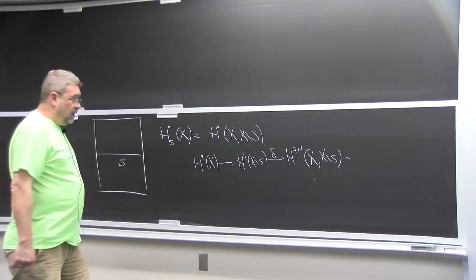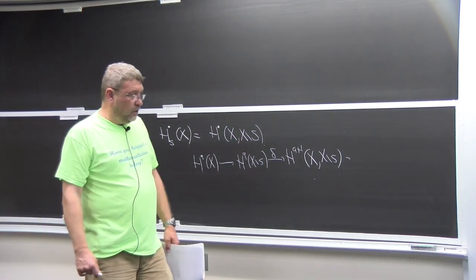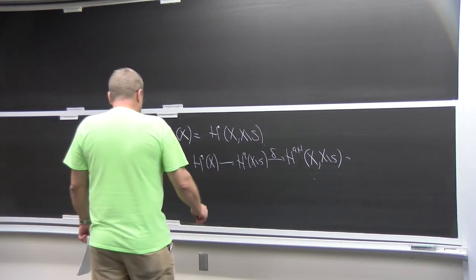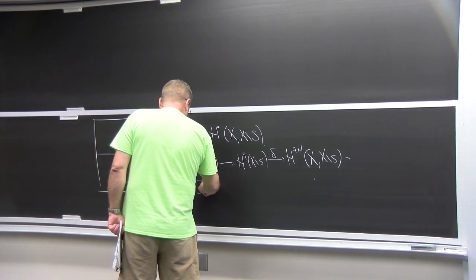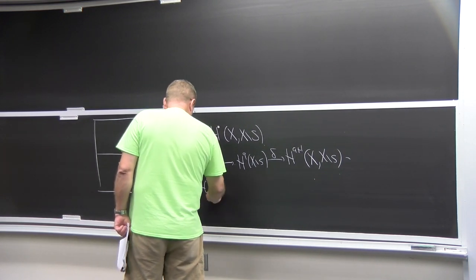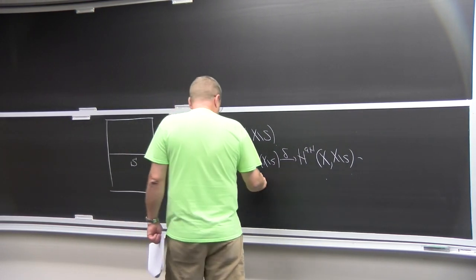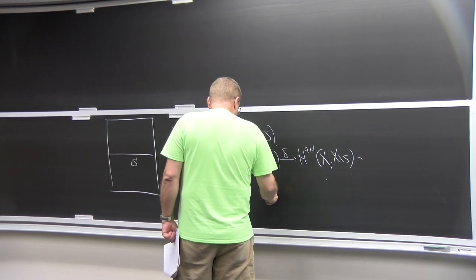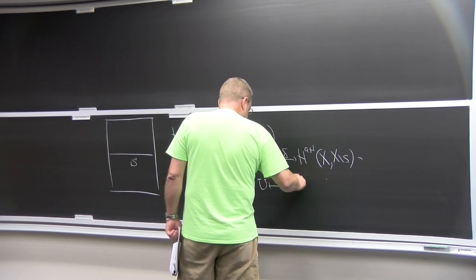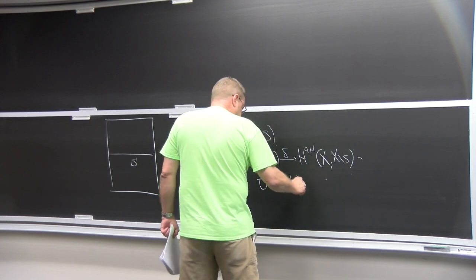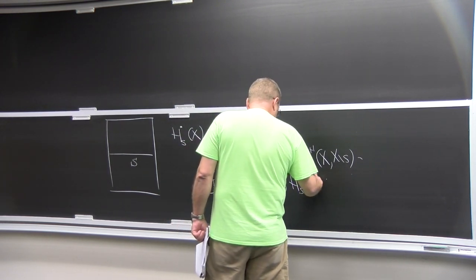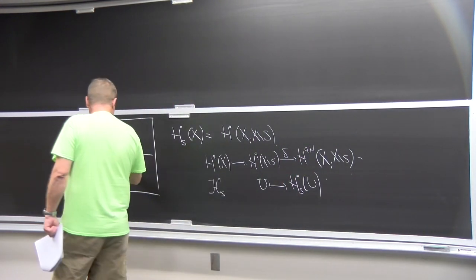Now, I will define local cohomology sheaves. So local cohomology sheaves, let me do script S. They are the sheaves associated to these presheaves. Okay.